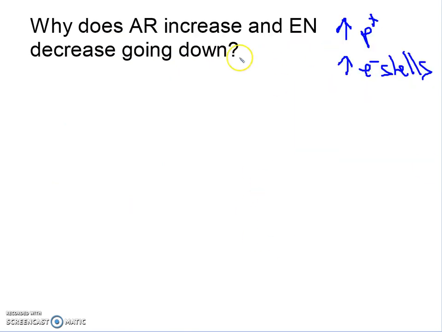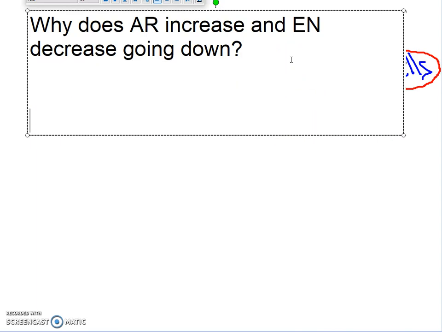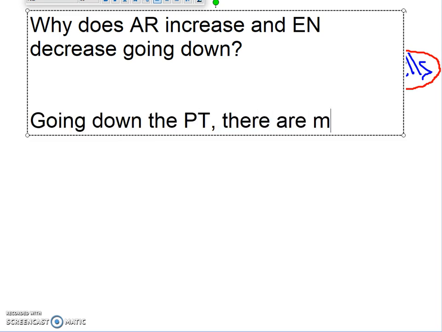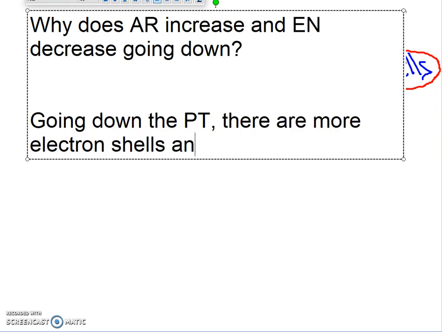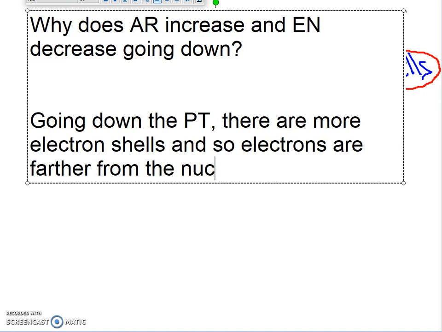And so actually, in this case, the electron shells are going to drive our explanation, right? So why does atomic radius increase and electronegativity decrease going down? Well, going down the periodic table, there are more electron shells, and so electrons are farther from the nucleus.